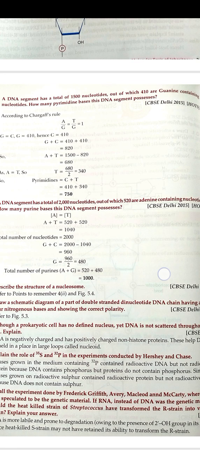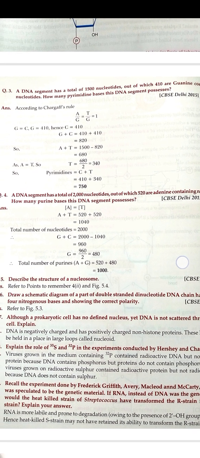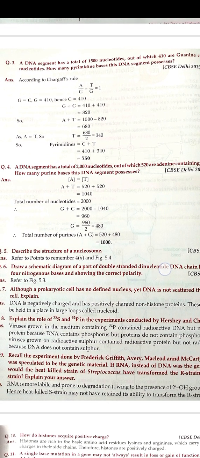So this question was asked in CBSE Delhi 2015. Here the same formula will apply as in the above question. A equals T, so A plus T equals 520 plus 520 equals 1040. Total number of nucleotides is 2000.